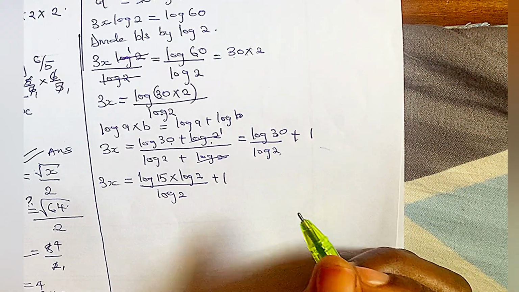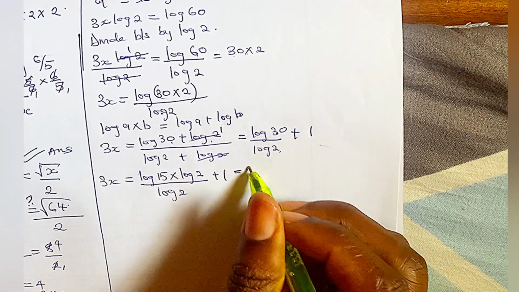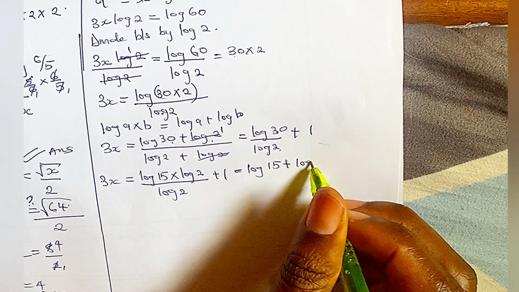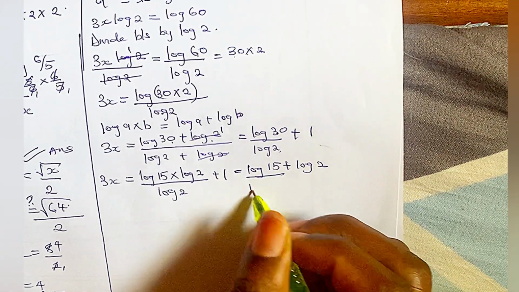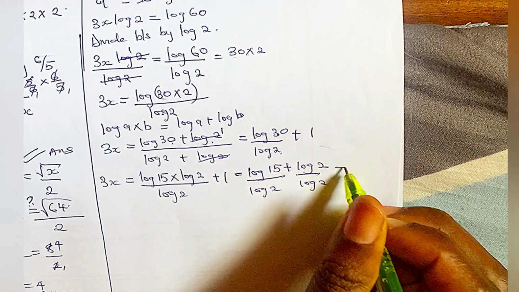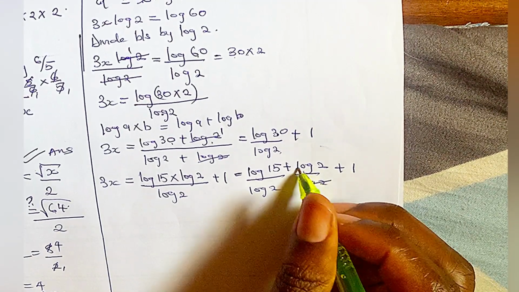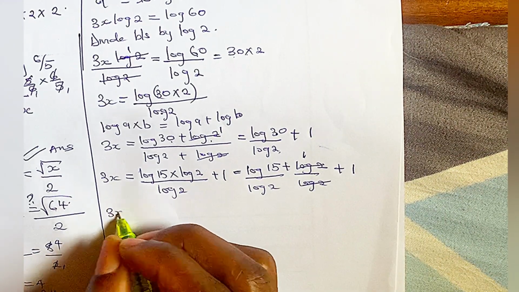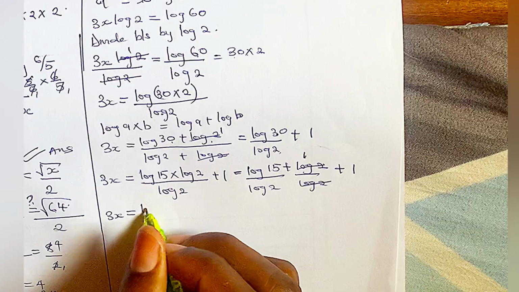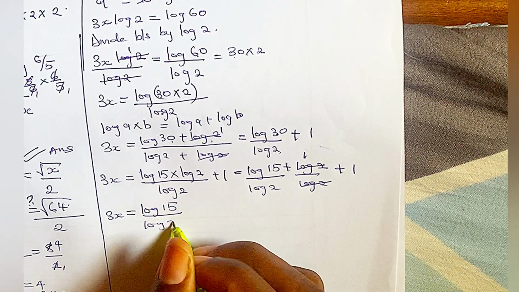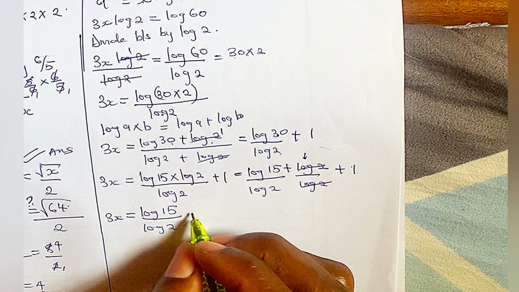So now this becomes log 15 plus log 2 all over log 2 all over log 2 plus 1. Log 2 cancels log 2, we have another 1. So this 3x is now log 15 over log 2, 1 plus 1, that is what?